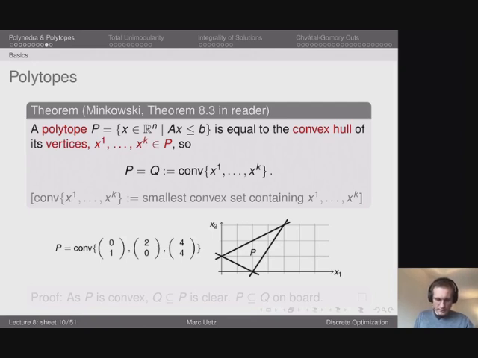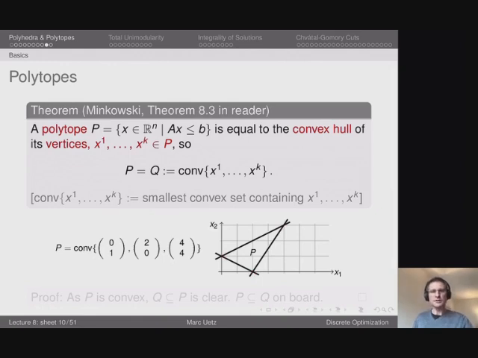So one description is P, that's a description by linear inequalities, and that is actually, if you look at the figure, a description of P by means of the corresponding facets, so the maximal faces of this polytope. And Q, that's the convex hull of the vertices, so that's the convex hull of these corner points here. That is a description of the same set by means of the minimal faces, the vertices of the polytope, right?